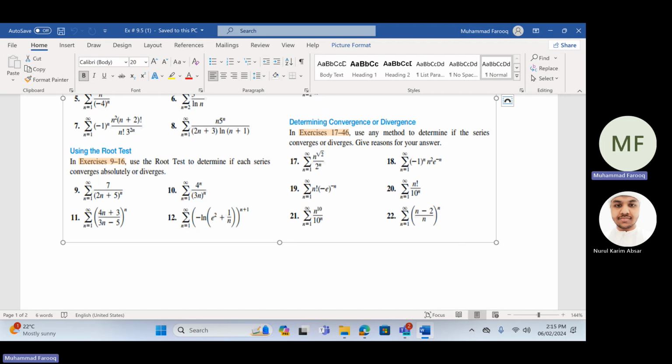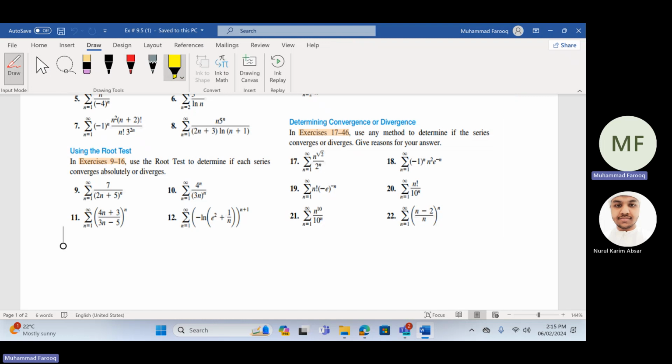Okay, so I think it's better to go to the 12th question, but first try 11, please, then we go to 12. Question 11: 4n plus 3 divided by 3n minus 5, to the power n. Please try this question.